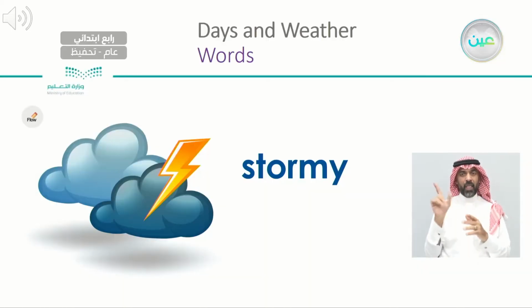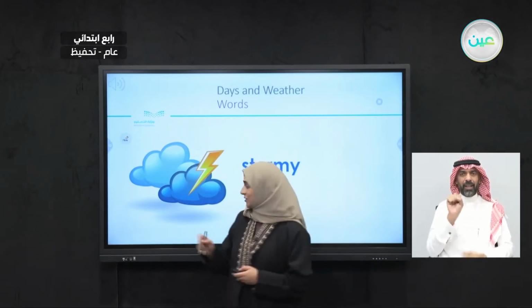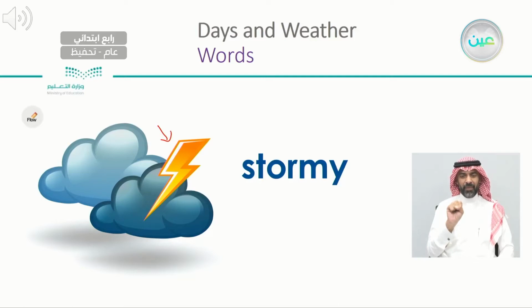Now the picture behind me, what does it look like? You can see clouds. When the clouds become heavy with water, remember, rain comes from clouds, so there's water in the clouds, right? So when the clouds get heavy and they bump into each other, what happens? It gets stormy. You see this? This is a lightning bolt. Let's listen to a stormy weather together.